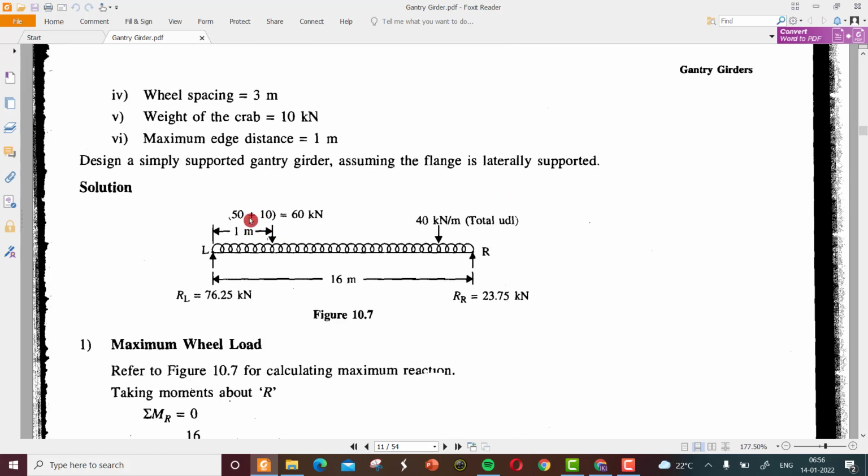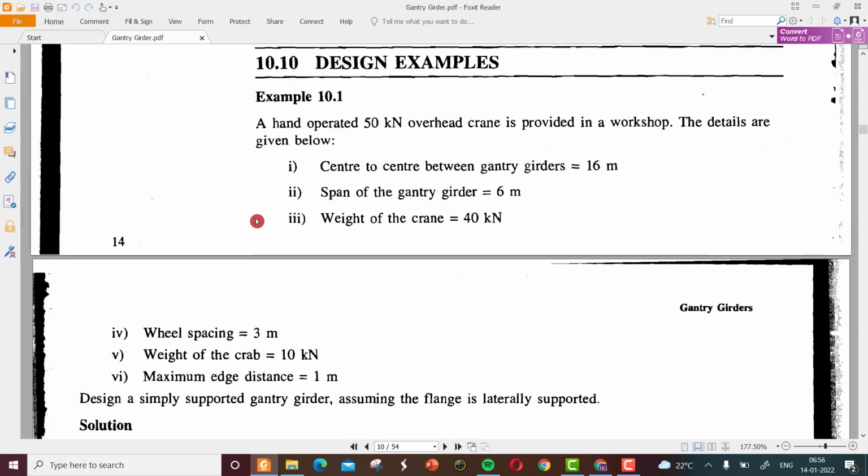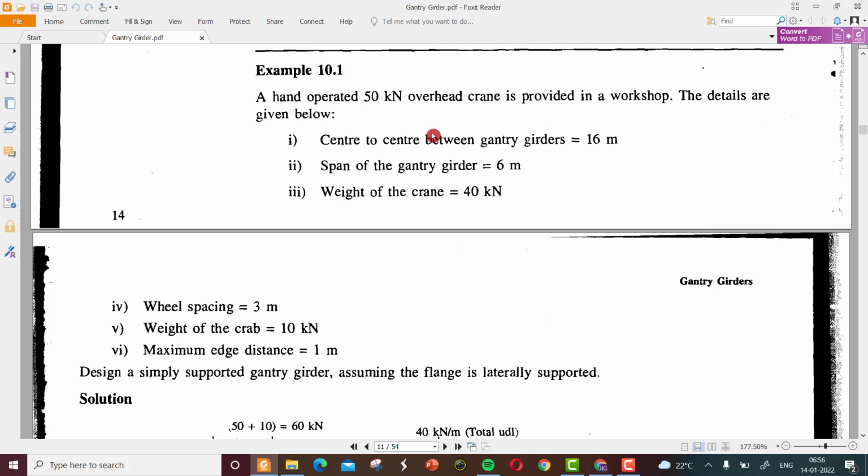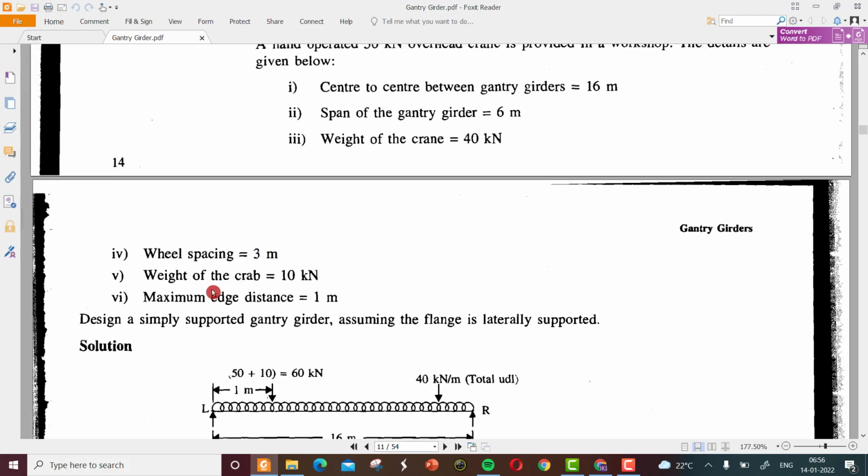So the weight of the crane we know 40 kilonewton, and overhead crane we have 50 kilonewton. Then we have the weight of the crab 10 kilonewton.